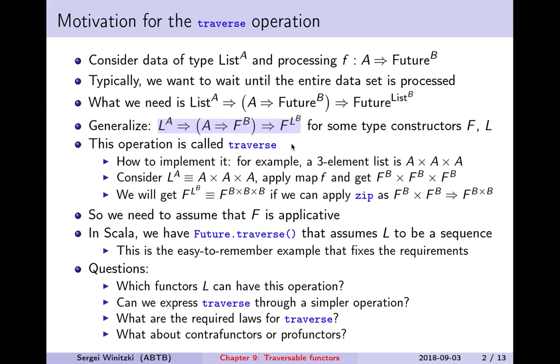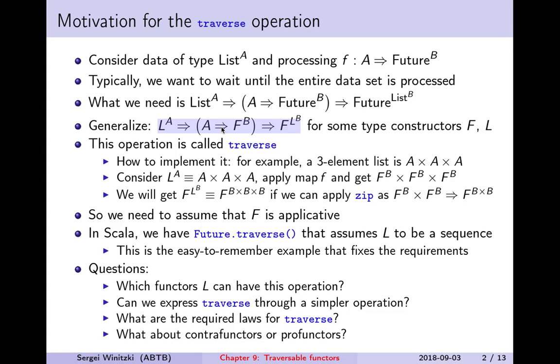So this function is called traverse. And I believe there's also a future.traverse with a type signature like this that works on sequences. But we want to generalize to some type constructors f and l. And that's what we will be able to do once we understand the properties of this operation.